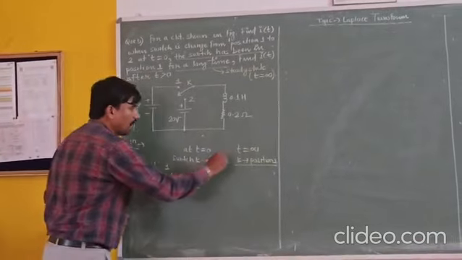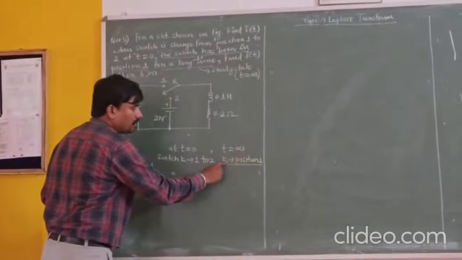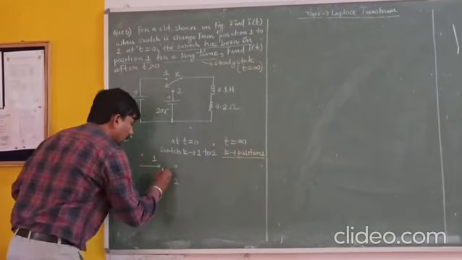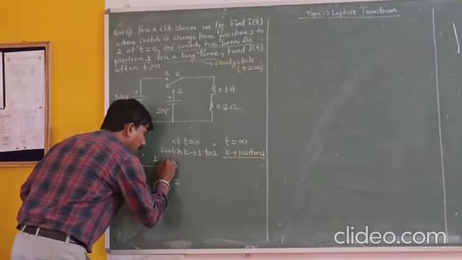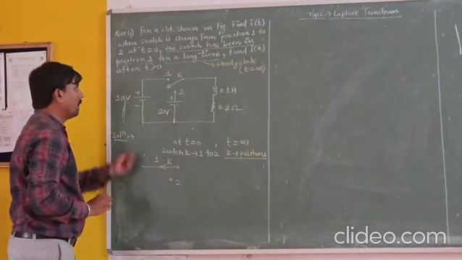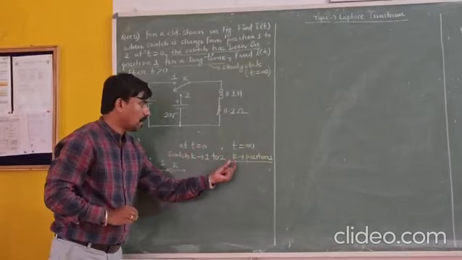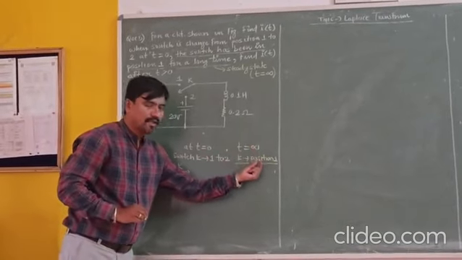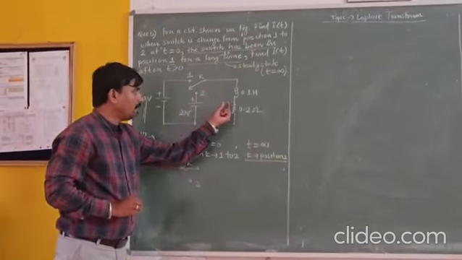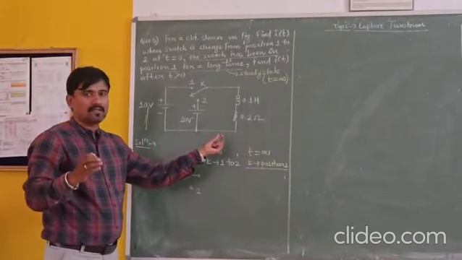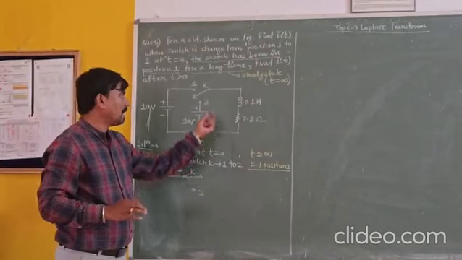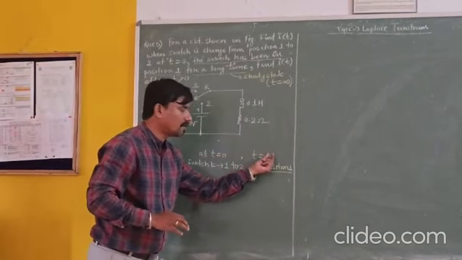Now at t equals infinity, the switch K is at position 1, so I am connecting the switch K at position 1. As all of you know, at t equals infinity, the elements in the transient analysis table should be changed according to this condition.